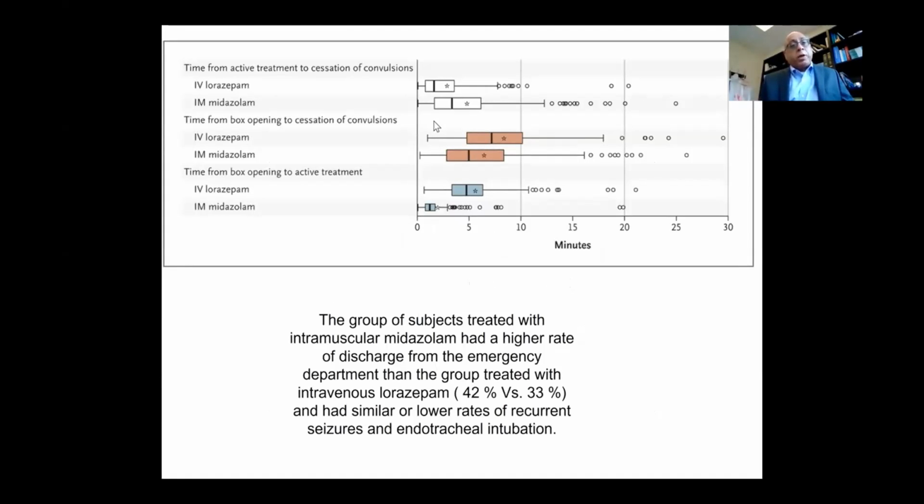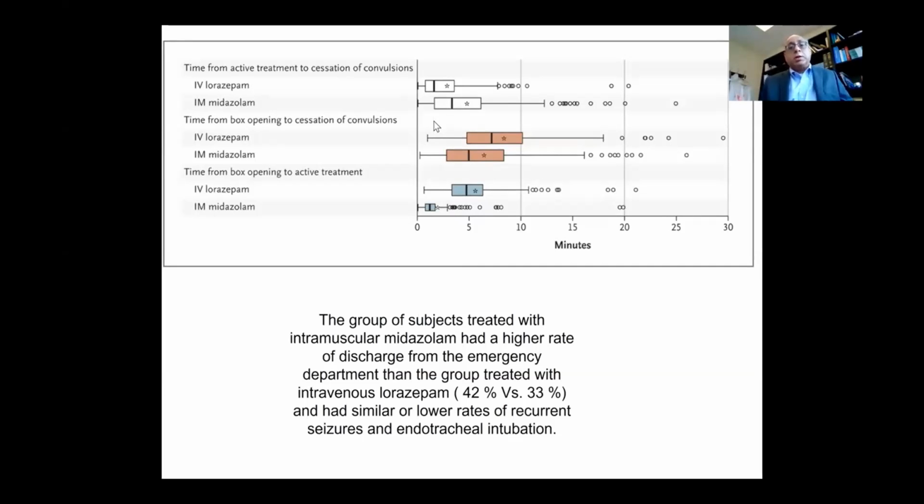However, the time from opening the box to initiating the active treatment was different for these two drugs. Lorazepam took 5 minutes to administer, whereas midazolam could be administered within 2 minutes of opening the treatment box.